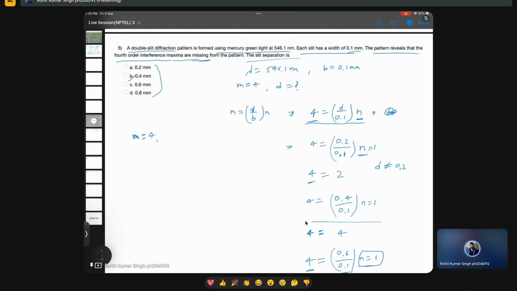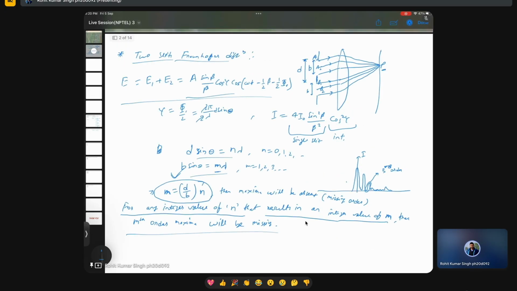So what I just mentioned is that in this diffraction pattern, if any interference maxima is missing, that means, if the third order is missing or fourth order is missing, and similarly if nth order is missing.